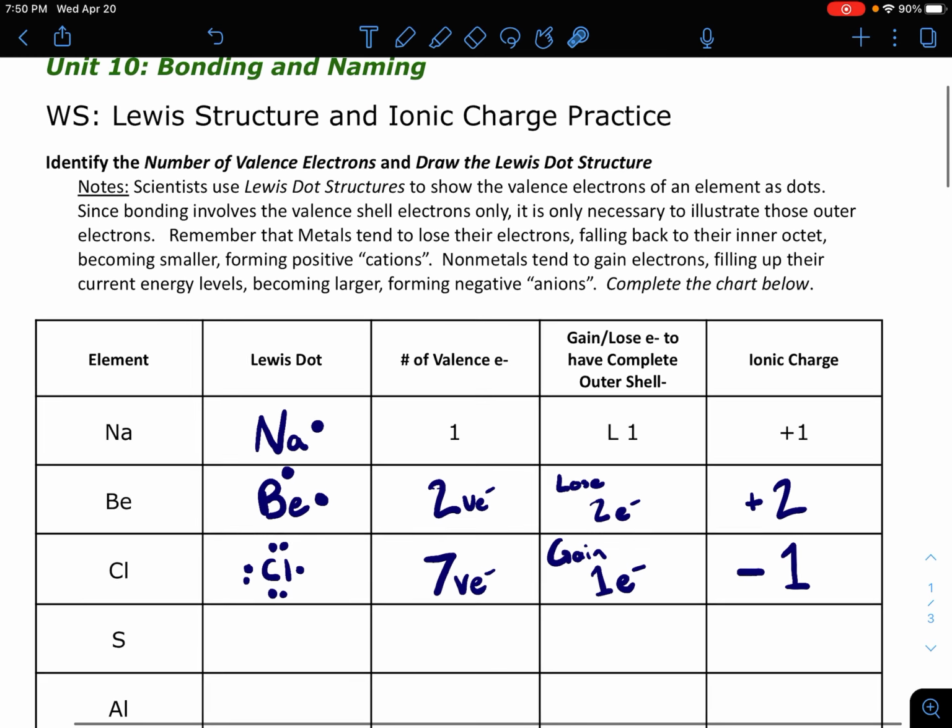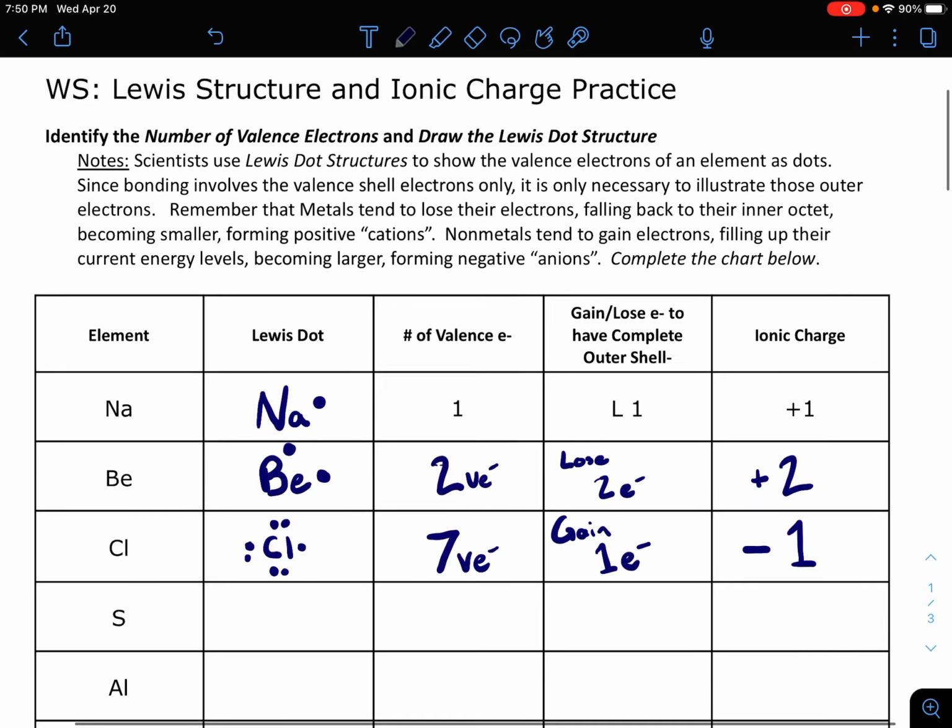All right? Okay, let's try one more here, and then you can always check the answer key for it. It's sulfur. Sulfur is in group 16, so it's got 6 valence electrons. The dot structure for sulfur would be 1, 2, 3, 4, 5, 6. You can put the partnered up ones wherever you want to. It doesn't matter. But if we take a look here, sulfur is just looking to gain 2.